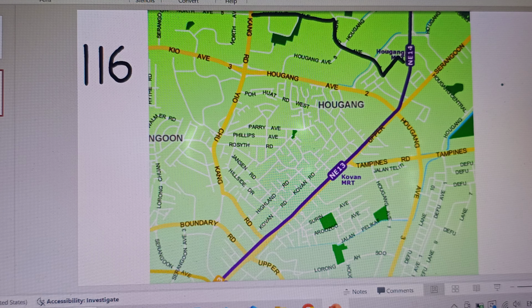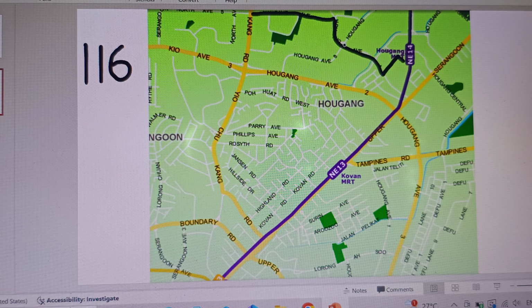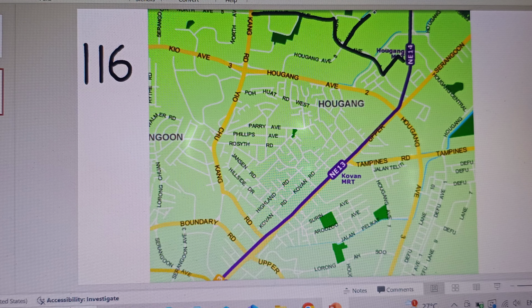Why this stretch is so important is because in the past, when there was no service 329, 116 was the only bus service aside from 72 that basically serves this corridor, because 101 actually goes to Hougang Avenue 8.